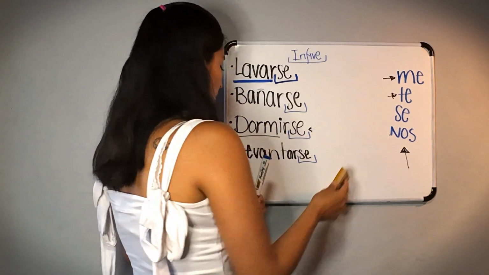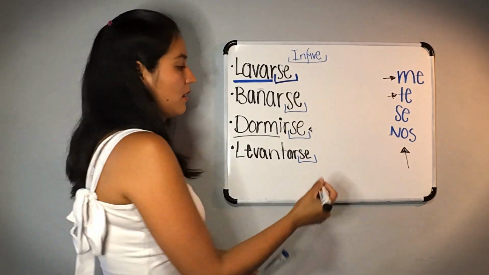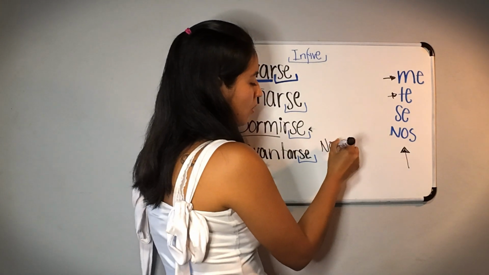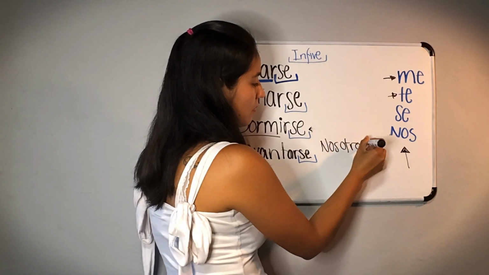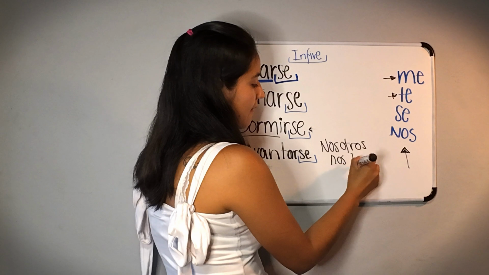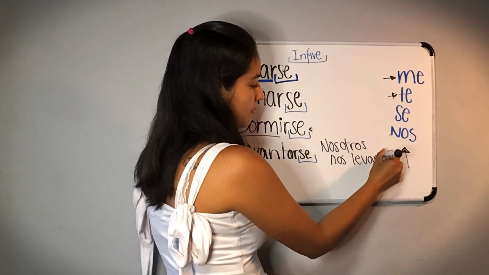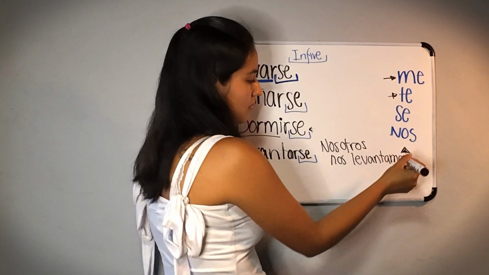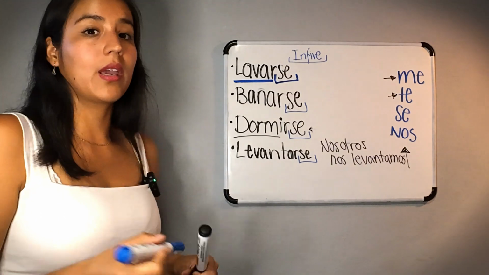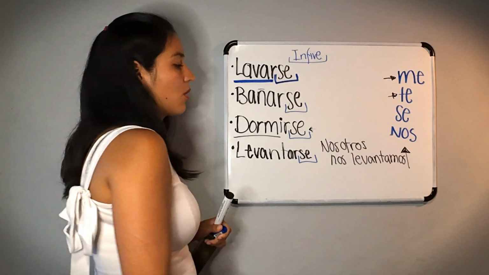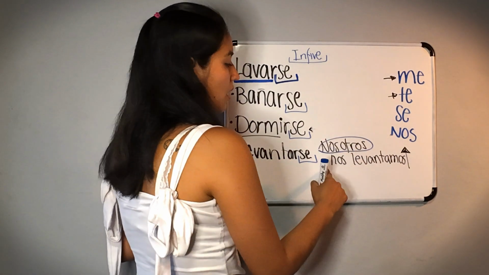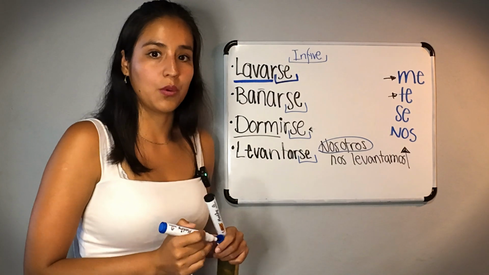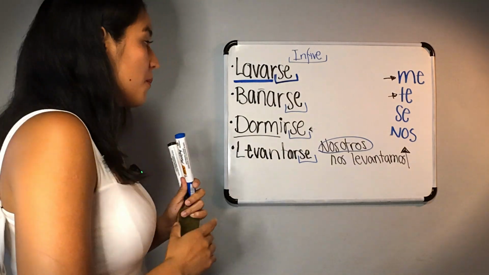And our last example is going to be levantarse. Nosotros nos levantamos. Okay? We wake up. Remember that we normally skip the pronoun, so you can just say nos levantamos. Okay, perfect.